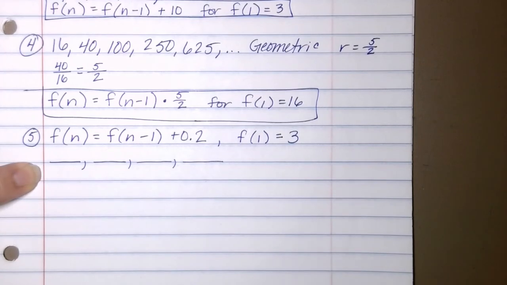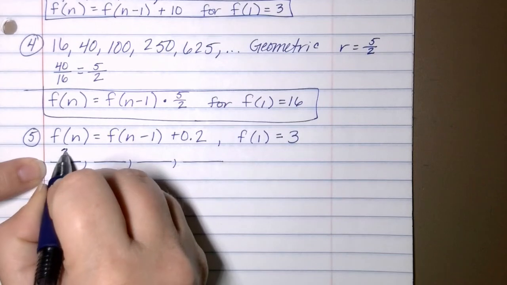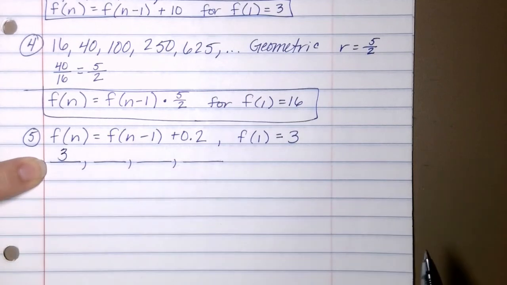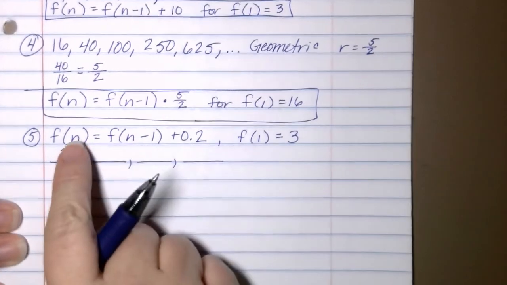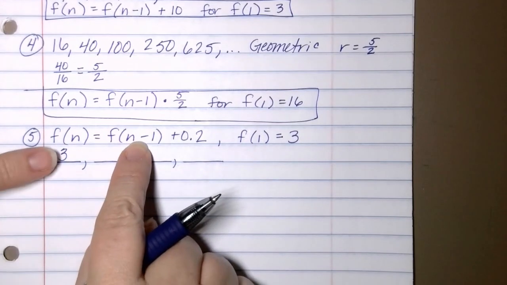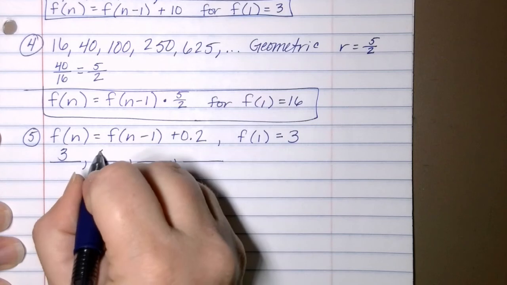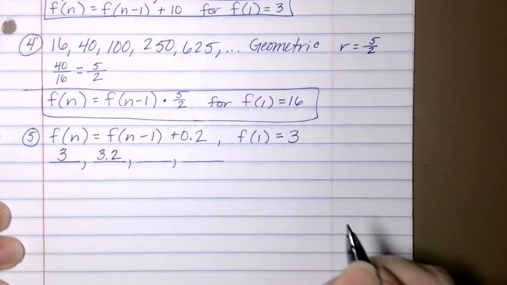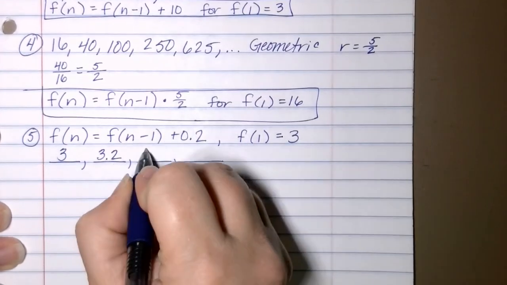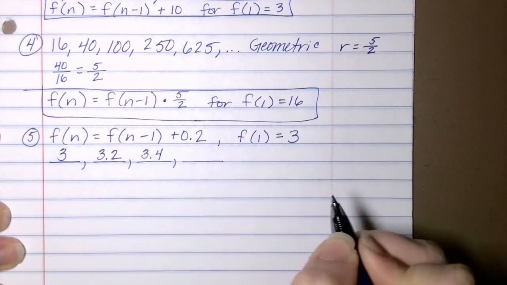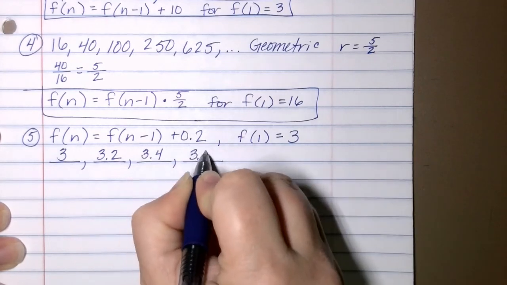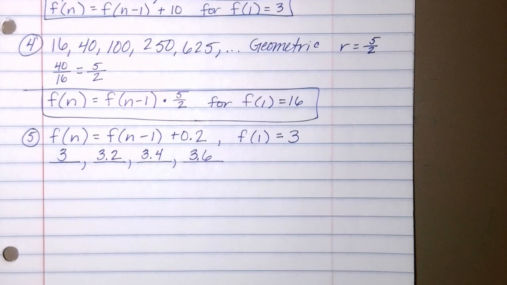So when they give me the first term, that goes in the first blank. And then what do I do to find the second term? I take the term before it, which is 3, and I add 0.2. What does that give me? And then I add another 0.2. And another 0.2. And that's what the first 4 terms looks like.